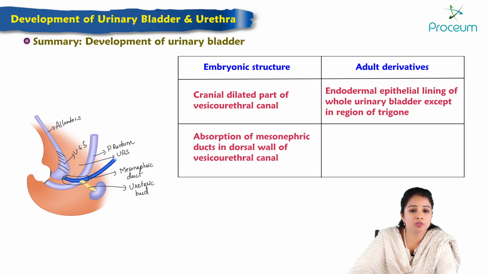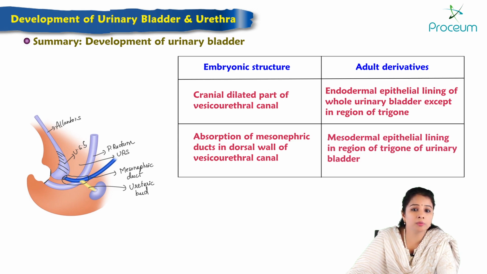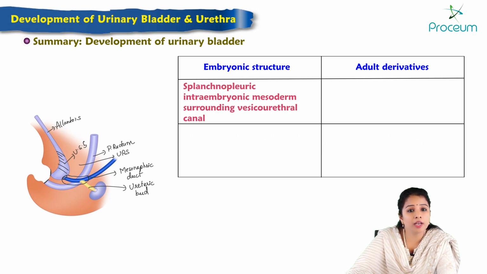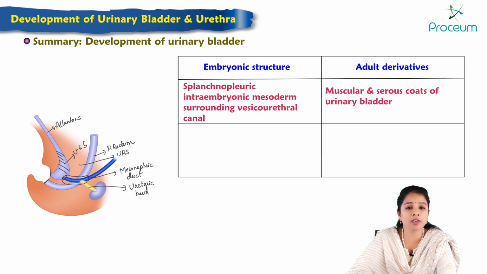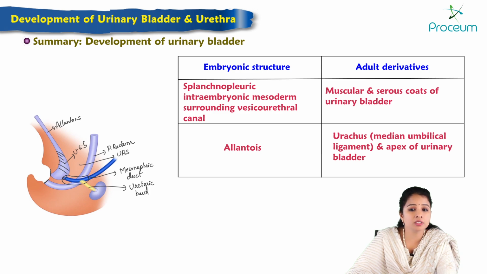Absorption of the mesonephric ducts in the dorsal wall of the vesico-urethral canal results in the formation of the mesodermal epithelial lining in the region of the trigone. Splanchnopleuric intraembryonic mesoderm surrounding the vesico-urethral canal forms the muscular and serous coats of the urinary bladder. And the allantois results in the formation of the urachus, otherwise called the median umbilical ligament, which connects the apex of the urinary bladder to the umbilicus.